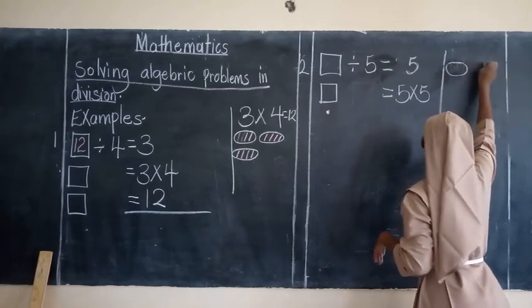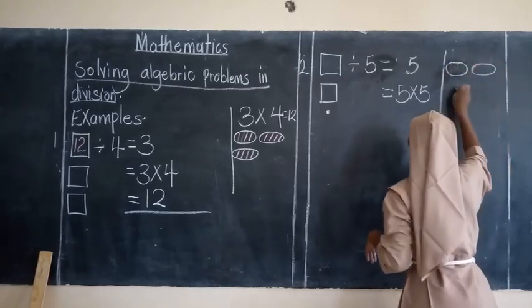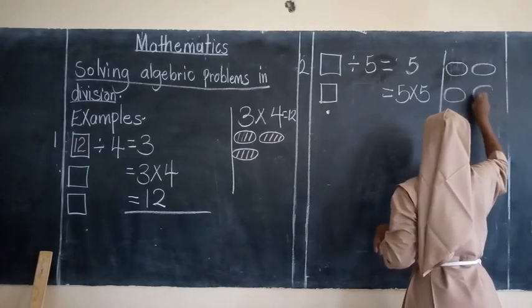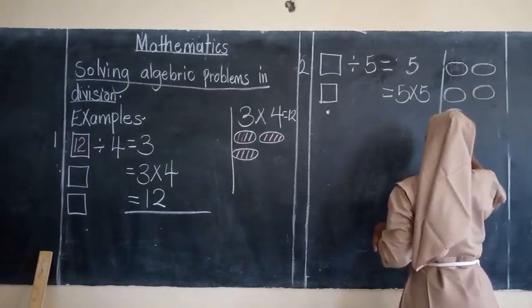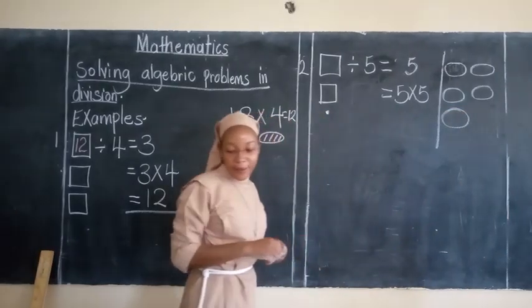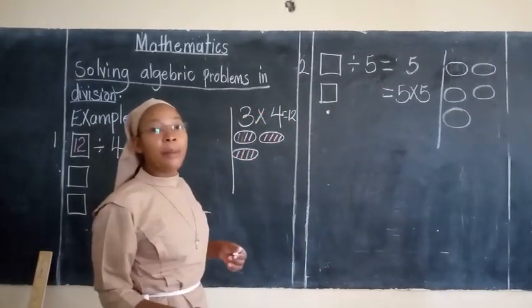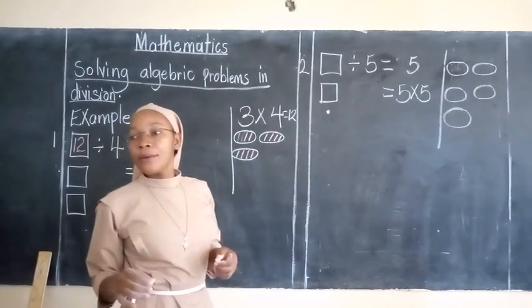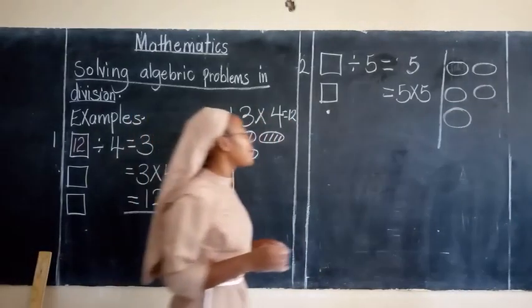1, 2, 3, 4, 5. Those are 5 groups, but each group is supposed to have how many? 5. Good.